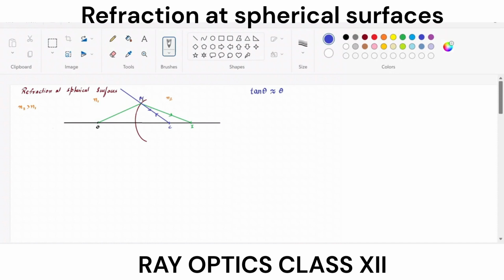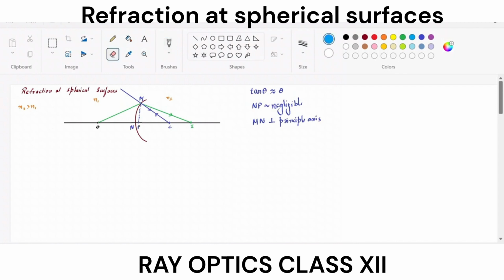Second thing, if I write it as M and N, and if I make a perpendicular from here, and let's call it P, then we will say that NP is negligible, and MN is perpendicular to the principal axis. These are the assumptions you have to keep in mind.